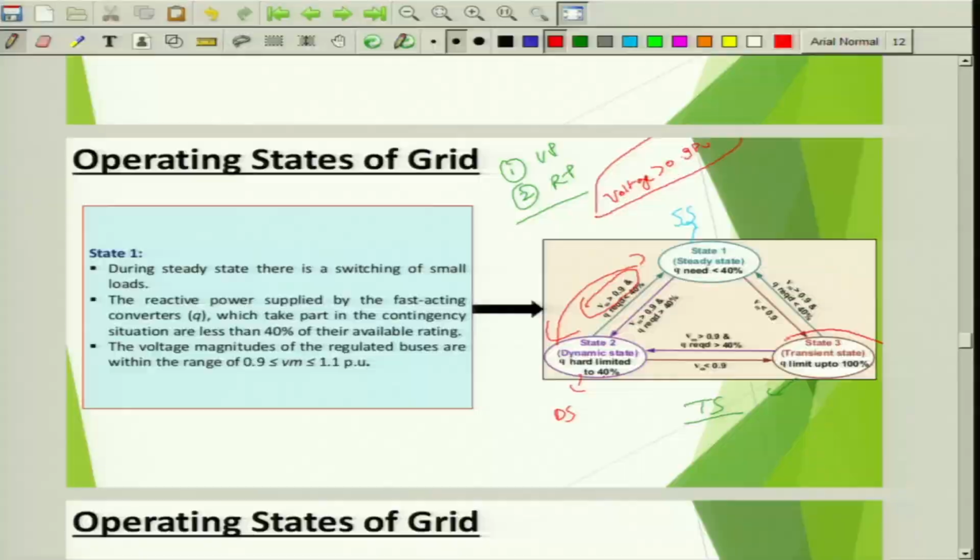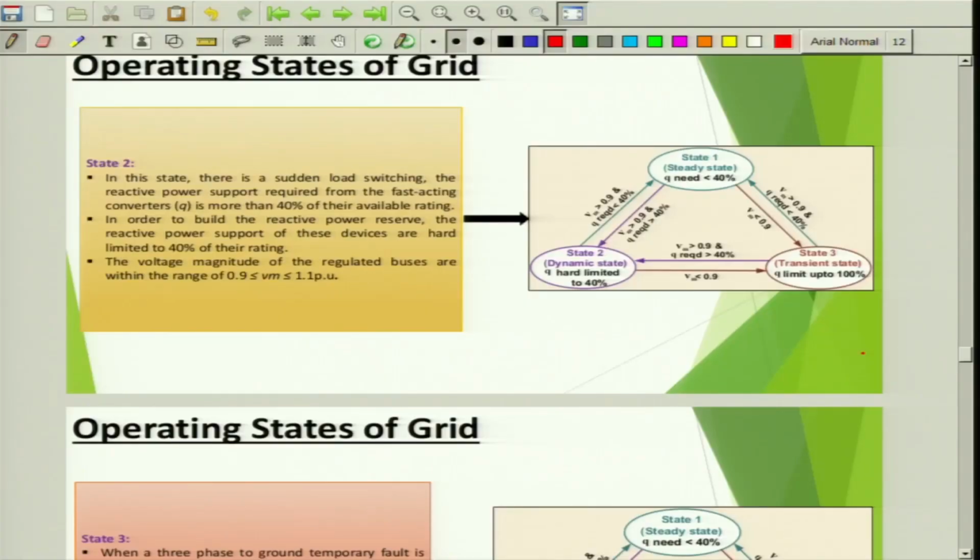And there is something called the transient state. This is the emergency scenario where the voltage profile, due to some fault, falls below 0.9 per unit. So, you want all your reactive power injection devices, especially the fast acting converters, to exercise their maximum capacity during this transient state.